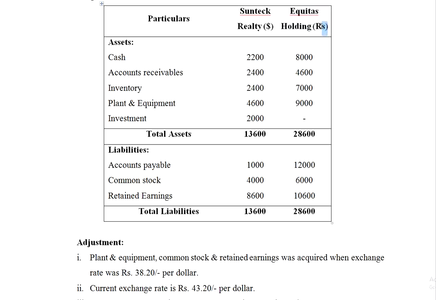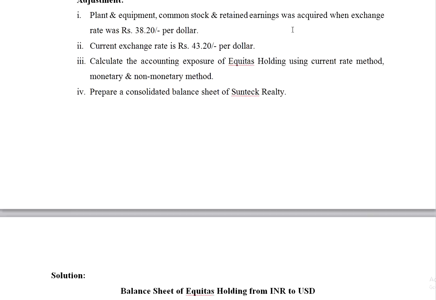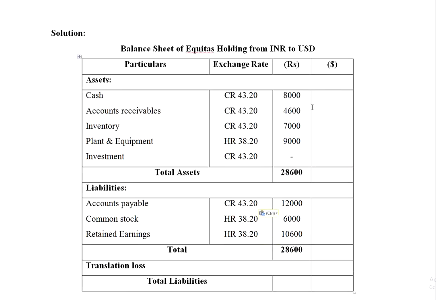Since this is given in rupees, we have to convert it into dollars. That is the basic thing we are doing for preparing a consolidated balance sheet. In order to prepare the consolidated balance sheet, the amounts should be in the same currency. It cannot be in different currencies. This is one quite common thing.